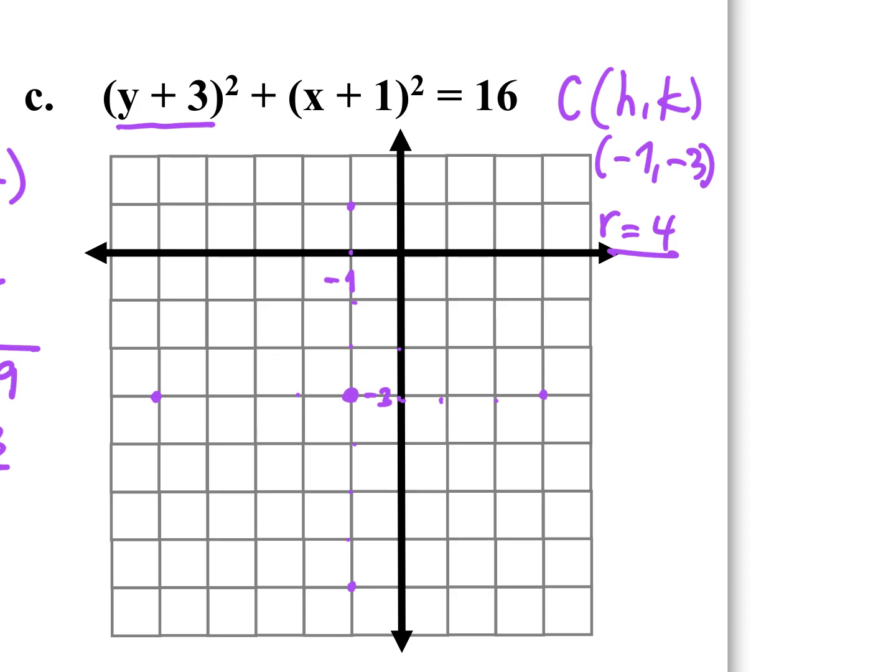So it's quite a big circle. Okay, there you go. It's not very accurate, but at least you can see the circle in there. Okay, so that's how big our circle is.